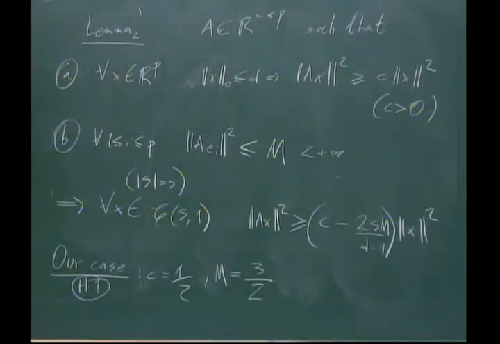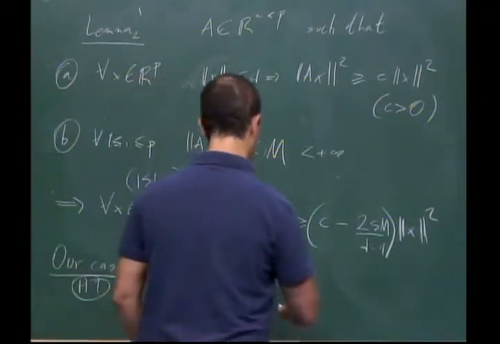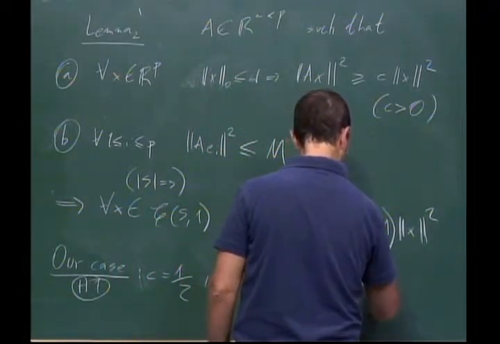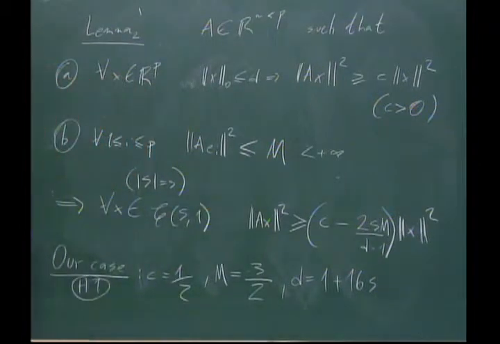And then, in the end, we'll be interested in taking D, which is equal to 1 plus 16 times S. And what does this imply?